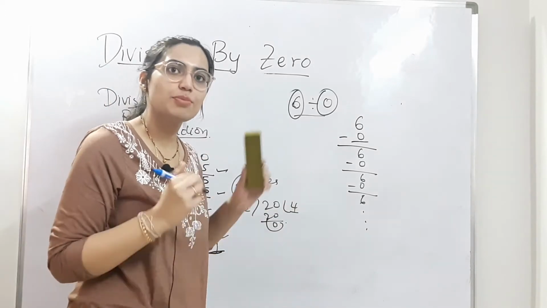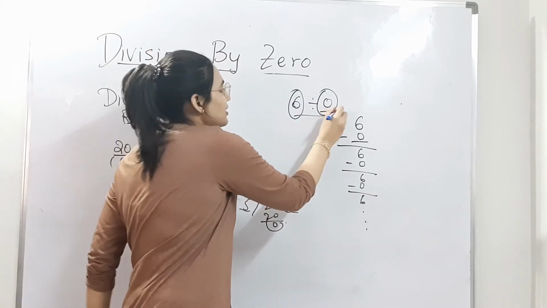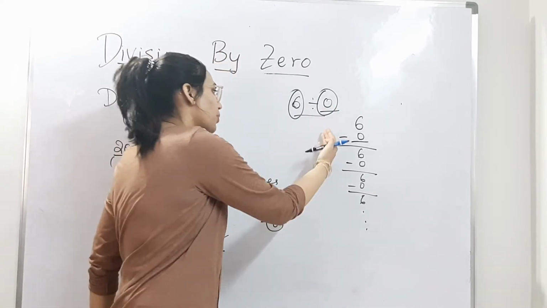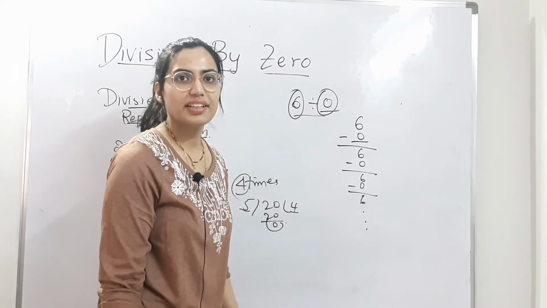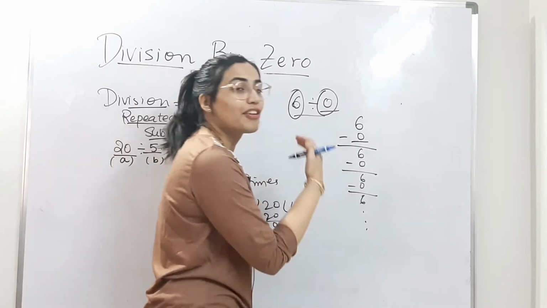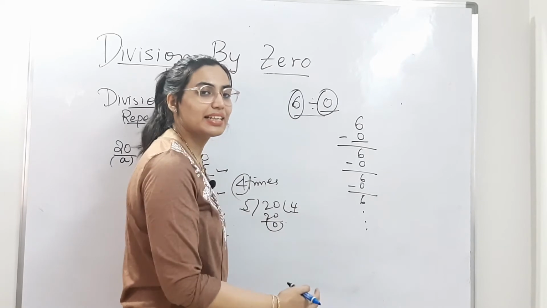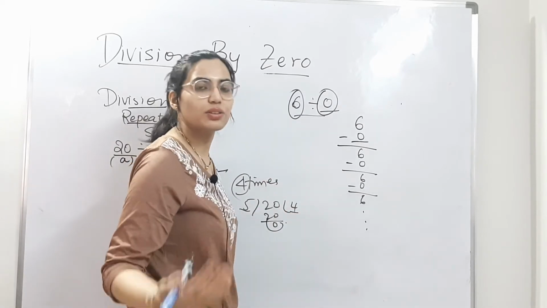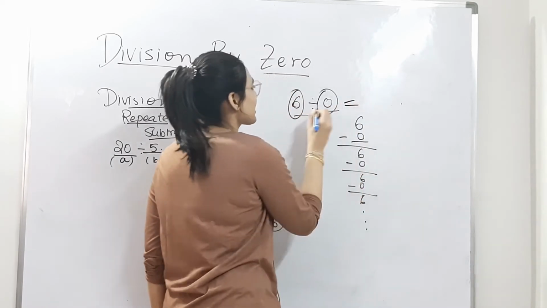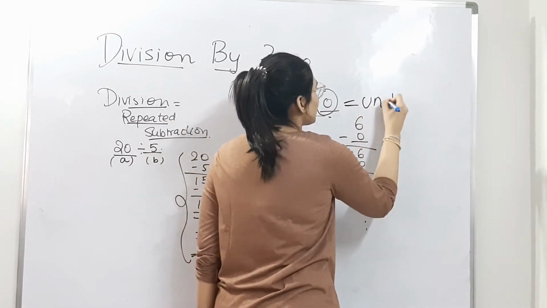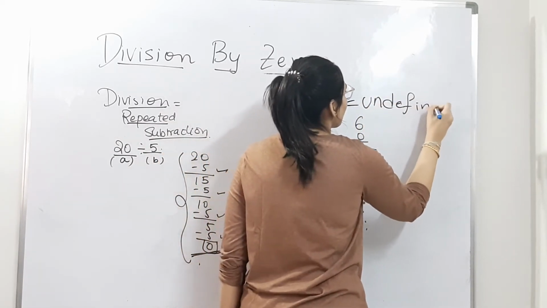How do you divide 6 by 0? Here the parts are not defined, and if we keep on subtracting repeatedly, are we getting to any result? No, it is going on forever. There is no stop. That means 6 divided by 0 can be termed as undefined.